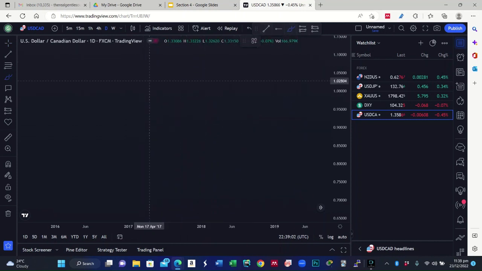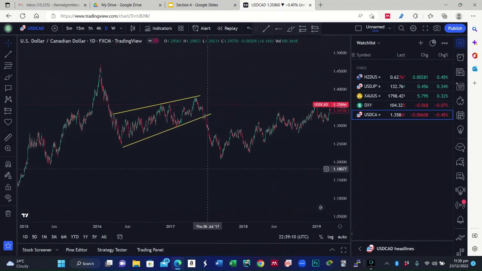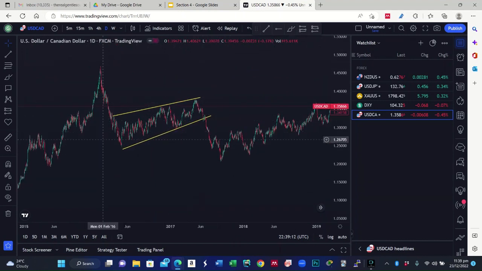So let me use something as an example. For example, in this impulse, correction and impulse, this is trending downward. This is a downward impulse and then there's a correction, then there's another movement downward. Let's say you are trying to catch the impulse downward.